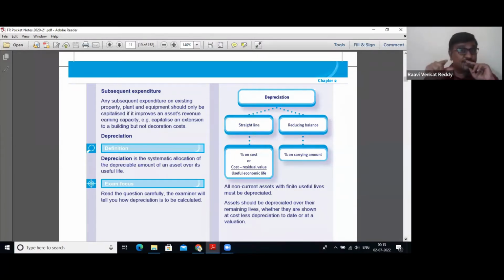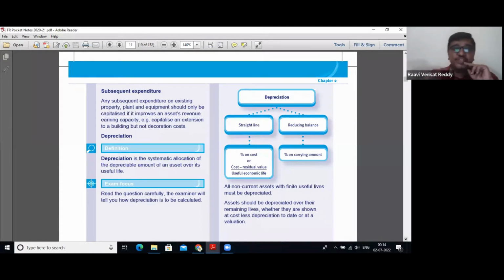Yesterday we discussed that. If any expenditure enhances the economic generating capacity of an asset, then that expenditure can be capitalized. Example: if you construct one more floor on a building, then the expenses of that extra floor can be included in the cost of the building.